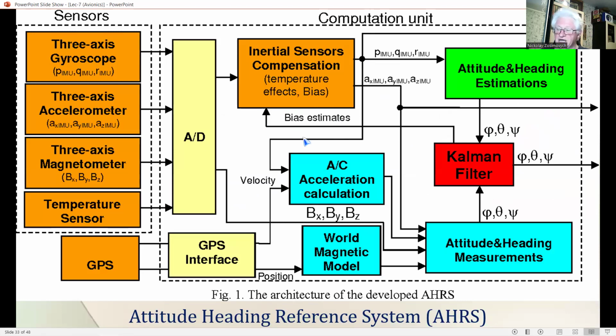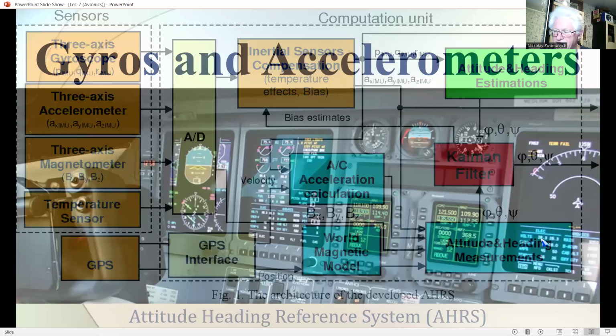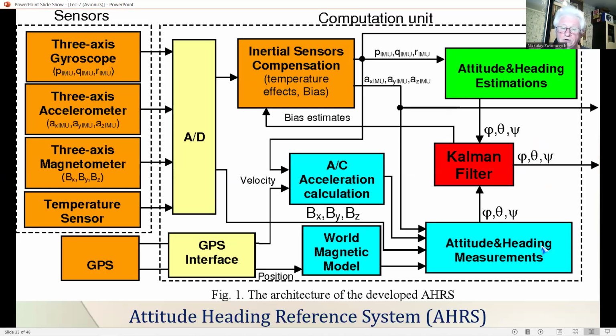Gyros and accelerometers are also the essential elements of the spatial reference system, or attitude or heading reference systems, and the inertial navigation systems, INS.